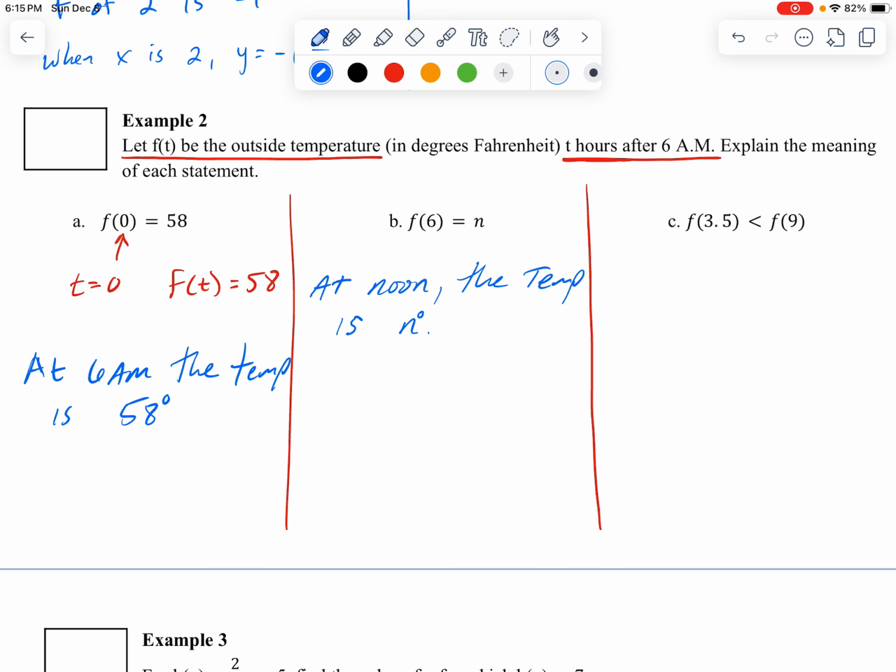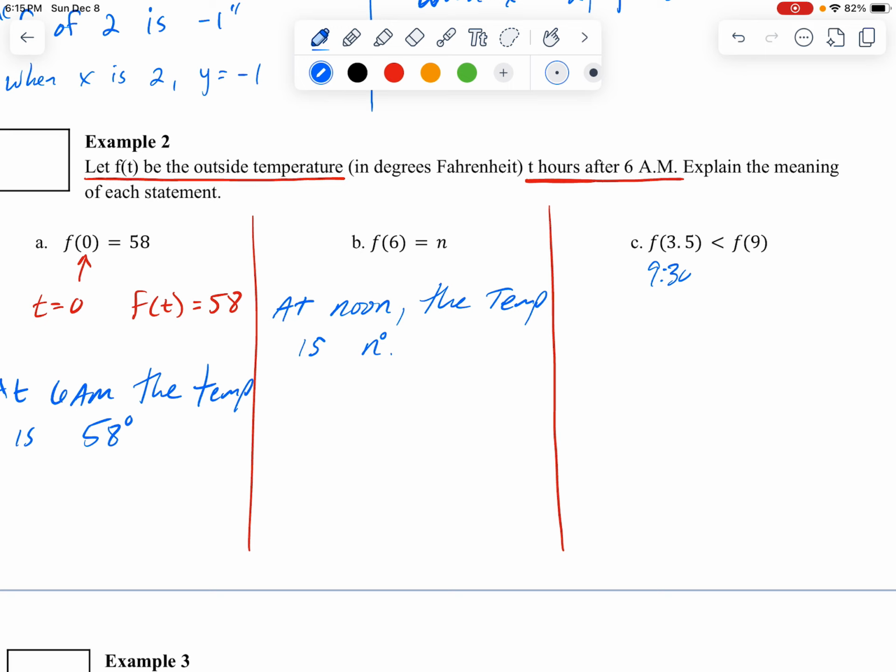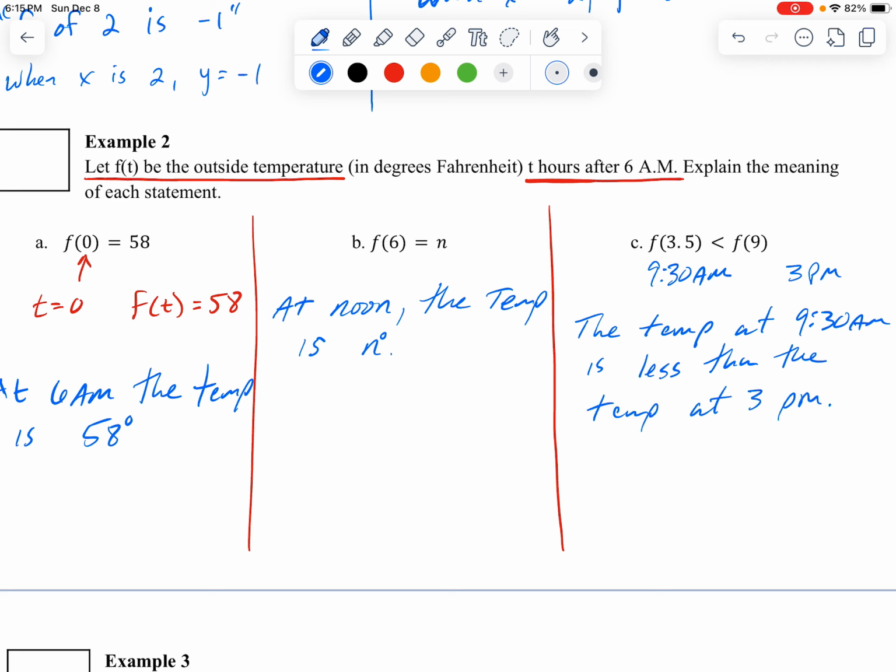The time on the left is going to be 9:30 a.m. And the time on the right is 6 a.m. plus 9 hours, which is 3 p.m. So what this means is the temperature at 9:30 a.m. is less than the temperature at 3 p.m.